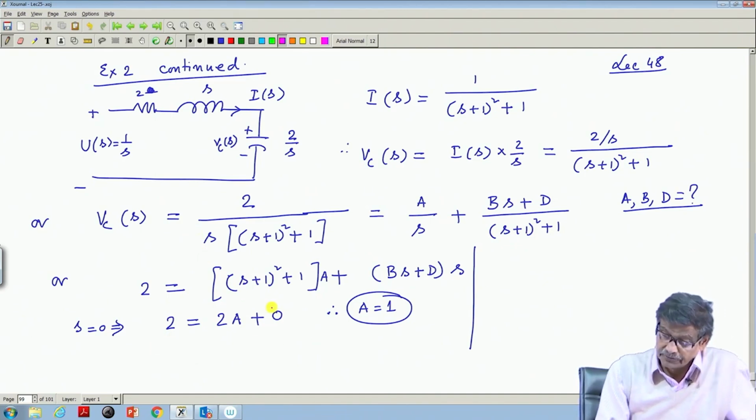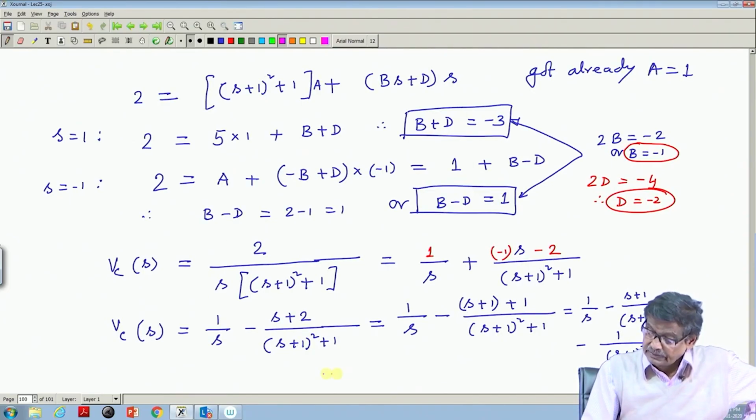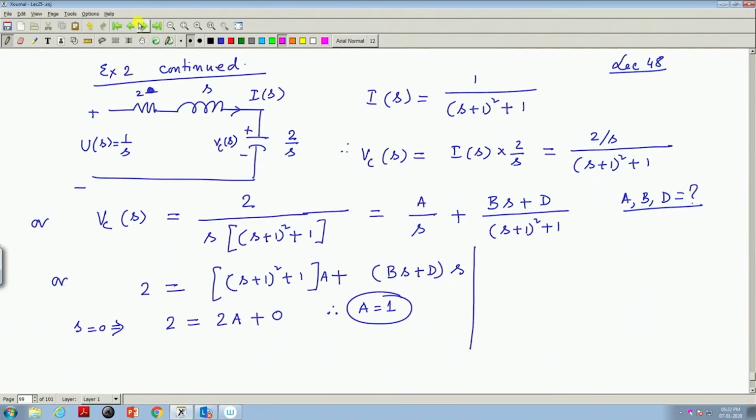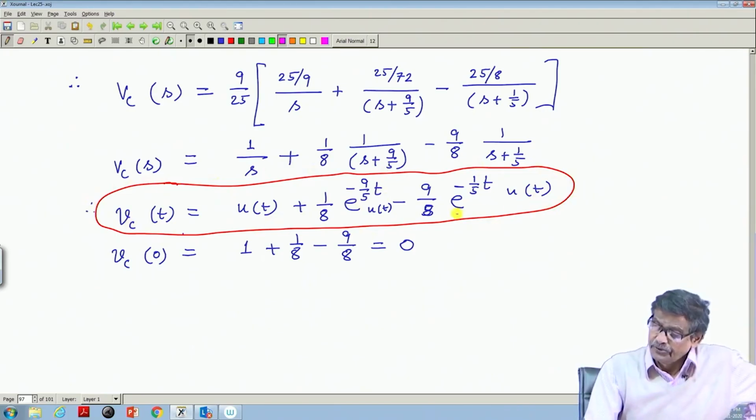Example 2 continued. Oh, V c t capacitor voltage. It is the first example capacitor voltage I did not get, na? Where is it? This is the capacitor voltage in the first example. If you sketch this waveform, it will be exponentially increasing to 1, got the point.